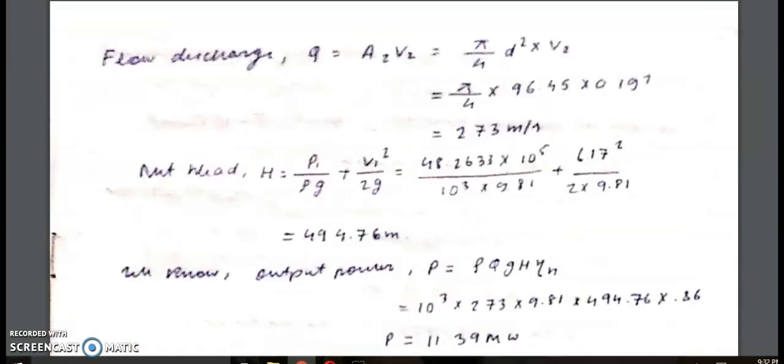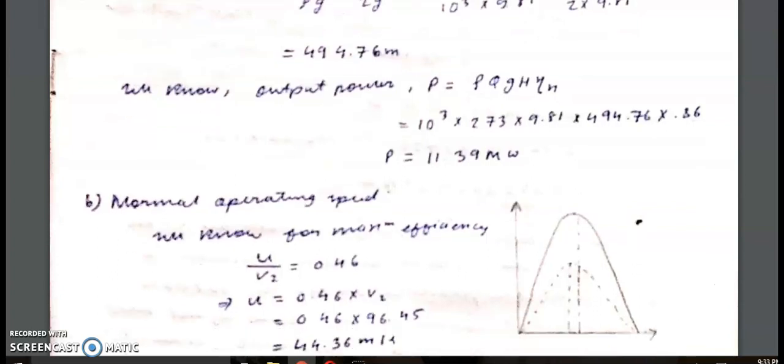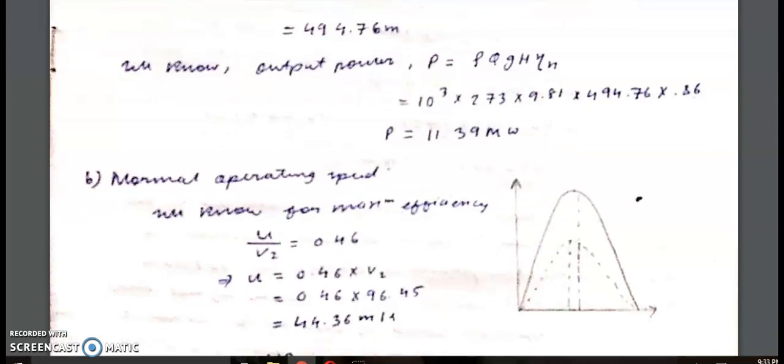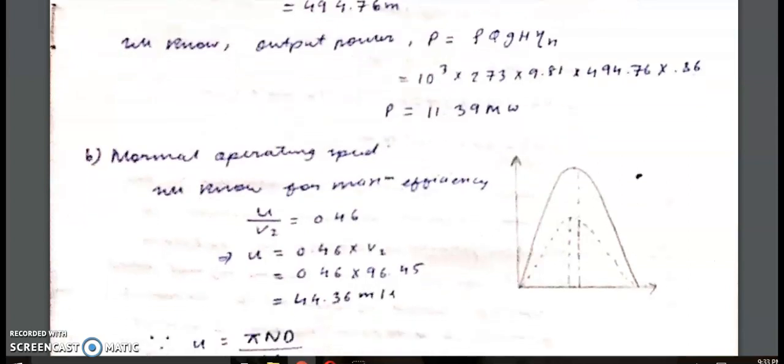The net head H equal to P1 by rho g plus V1 square by 2g. By applying the formula of the net head, we get 494.76 meter. We know that the output power P equal to rho Q g H times the efficiency eta H, and substituting and calculating the value, we get the power to be 1139 megawatt.